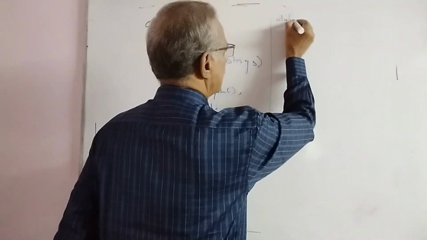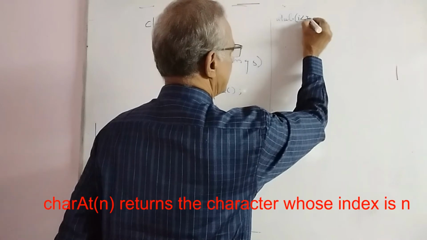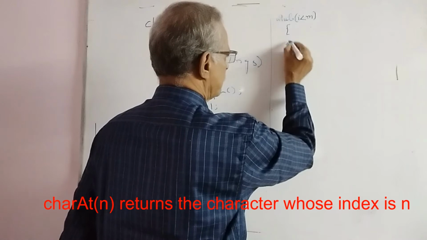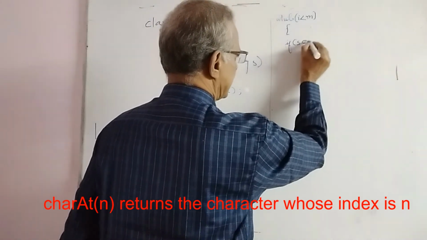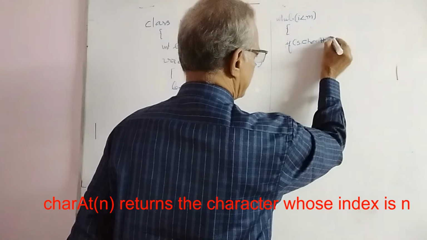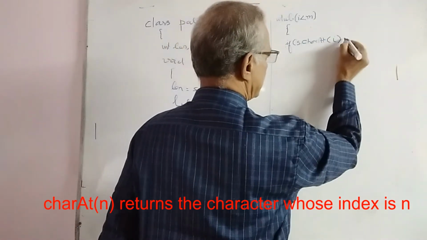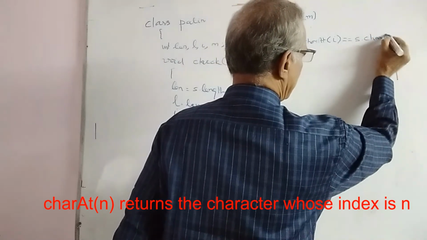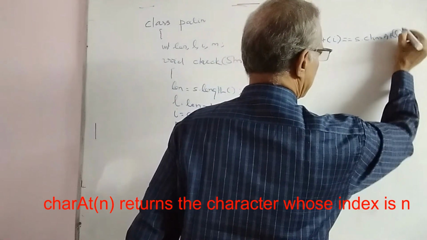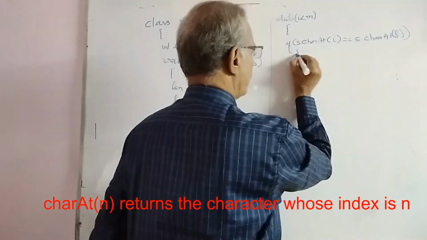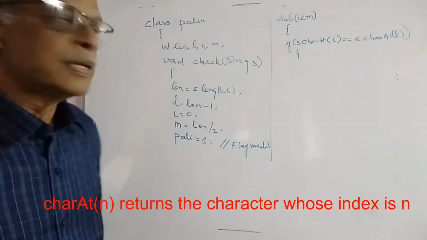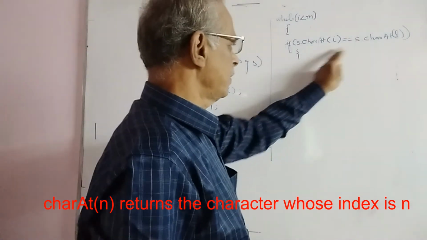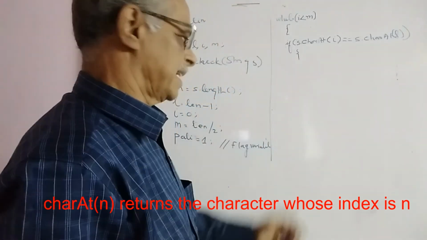While I less than m, if s dot character at I equals s dot character at L. Now I equals 0, L equals last index.